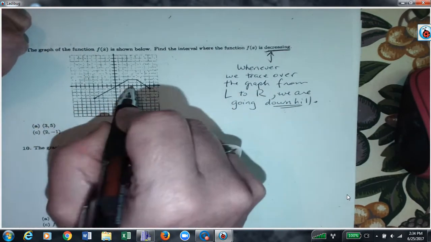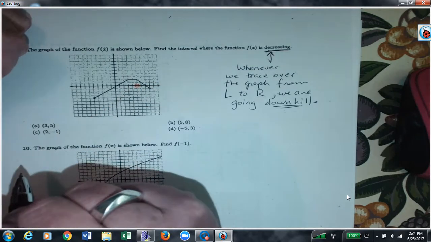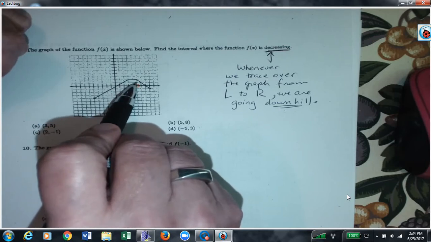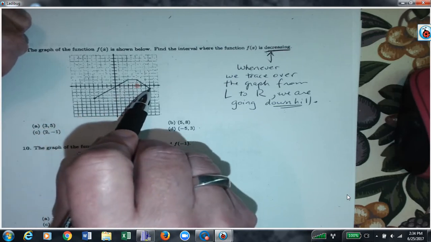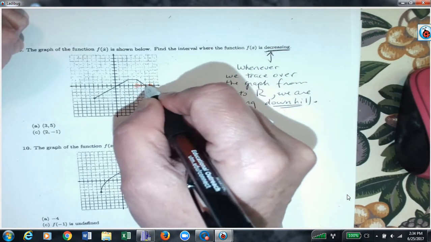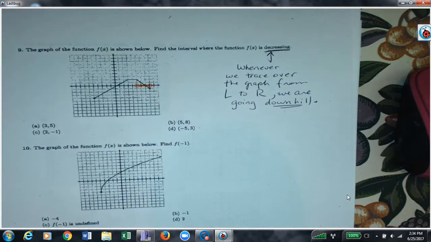This corresponds to, that begins right there on the x-axis. So it starts decreasing when x is here, and it stops decreasing when x is here. So in between these two x values is where it's decreasing.